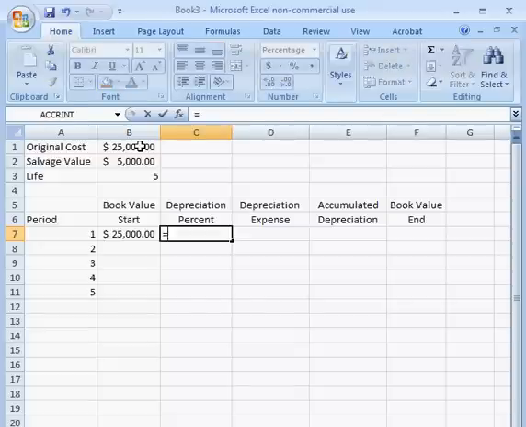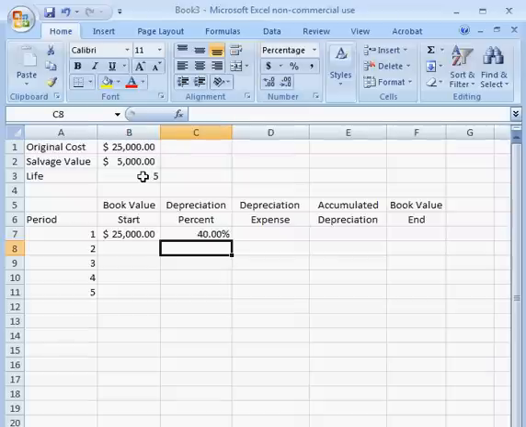First, you want to put the equal sign in to start a formula. You want to open up a parenthesis, and it's 100%, or you can just put in a 1, and you want to divide the 1 or the 100% by the useful life of your asset, which is 5 years. So it's 1 divided by 5. Let's close the parenthesis, and you want to multiply it by 2.